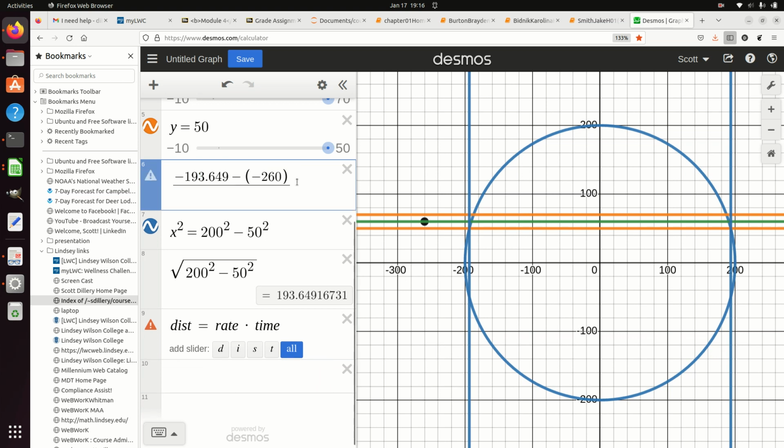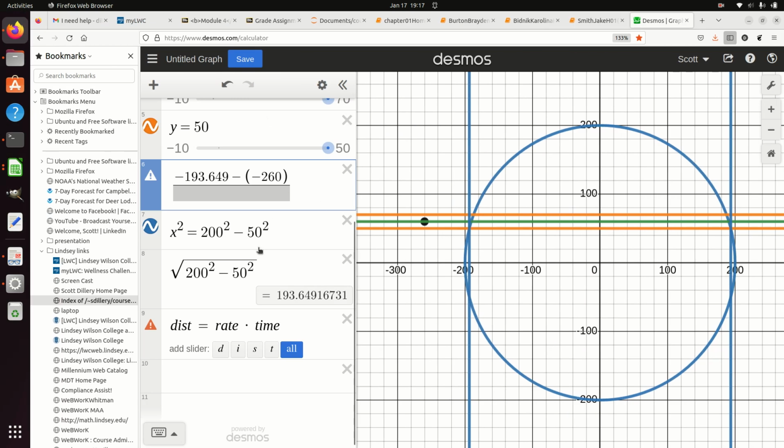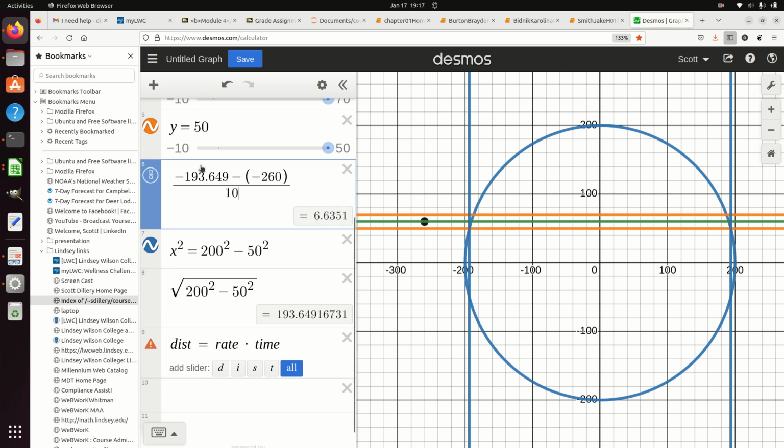Now I'm going to divide by, and I think everything was in the right units, right? It was 10 feet per second, and 200 feet, 60 feet, everything's in feet and then seconds. And so when does Nora's rig start doing this? Then I believe we just need to divide this by 10, and so we'll get 6 point something, 6.6351. And so I believe that is the answer the back of the book should have.